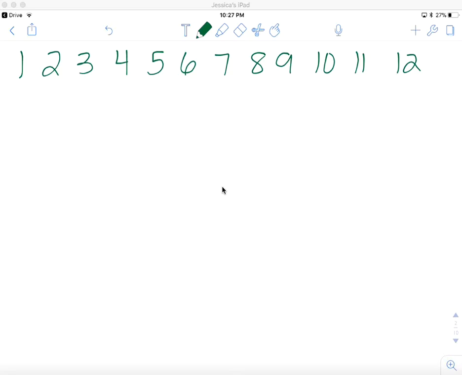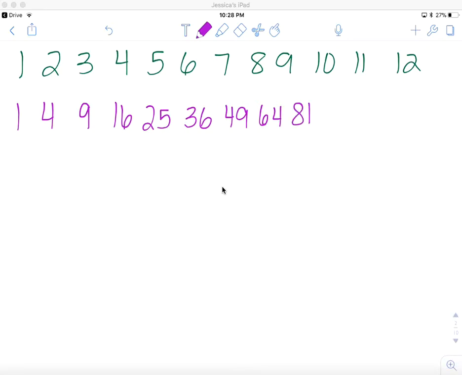So for example, 1 squared would be 1, 2 squared would be 4, 3 squared would be 9, 4 times 4 is 16, 5 squared is 25, 6 squared is 36, 7 squared is 49, 8 squared is 64, 9 times 9 is 81, 10 times 10 is 100, 11 squared is 121, and 12 squared is 144.